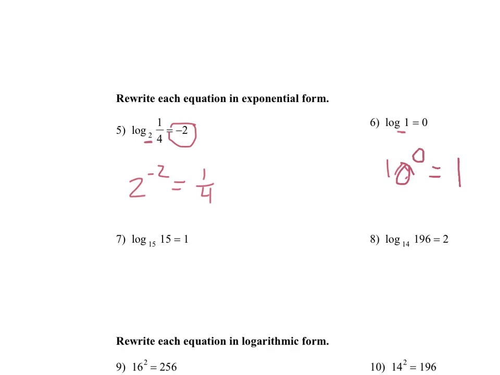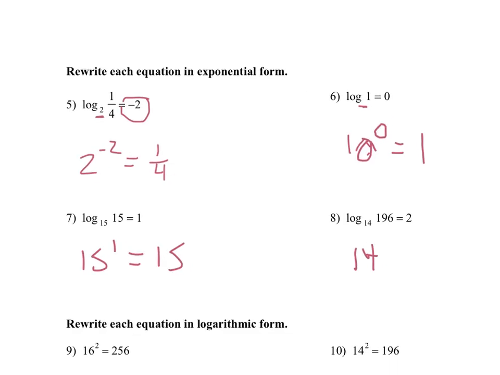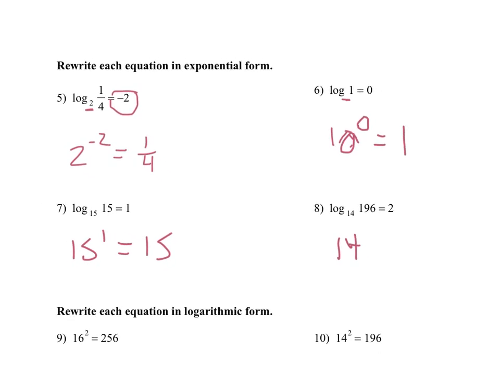Number 7, our base comes out of the basement, then our exponent is on the other side of the equals, which is 1, so 15 raised to the power of 1 is equal to 15. And then number 8, our base comes out of the basement, which is 14. Our exponent is on the other side of the equals, which is 2, and then that's equal to 196. Any questions on this part?